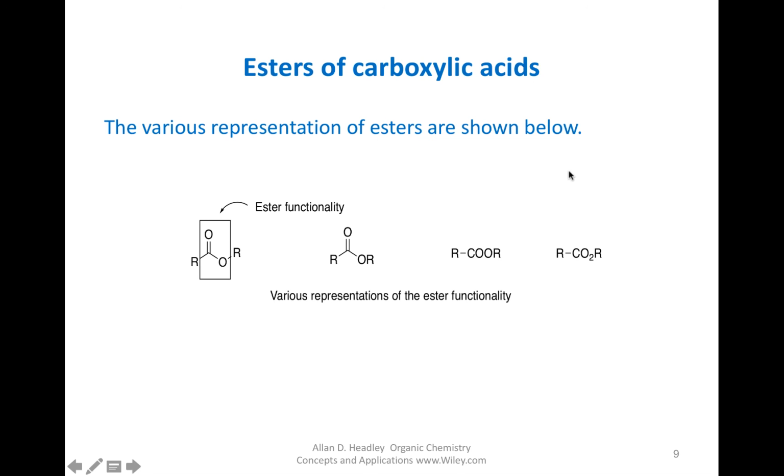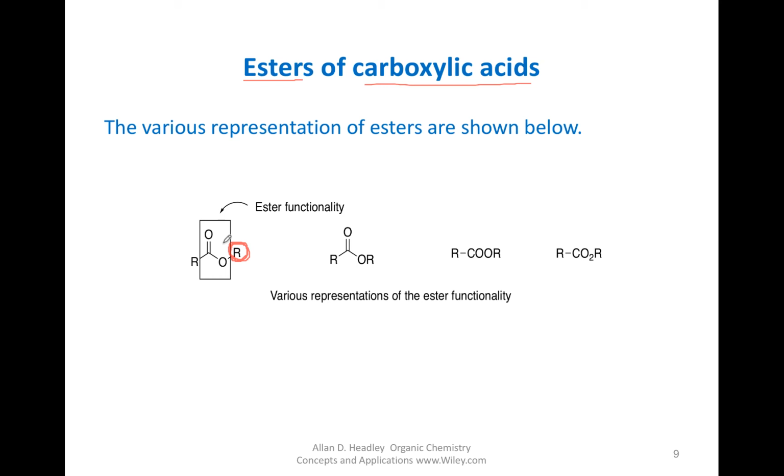Okay, let us look at another functionality here, and this is esters. Notice it's esters of carboxylic acids. Why? Because you'll notice here from the functional group, it looks pretty much like a carboxylic acid, except this H from the carboxylic acid is now an alkyl group or carbon containing group. So look out for that.